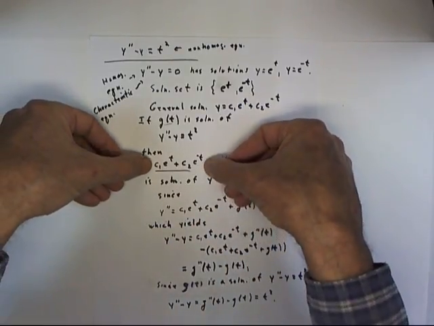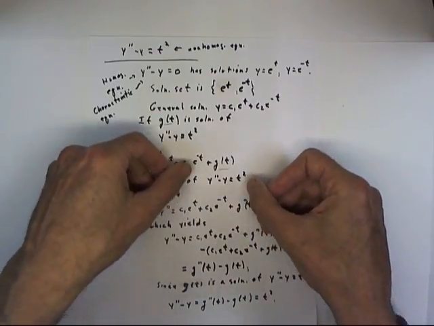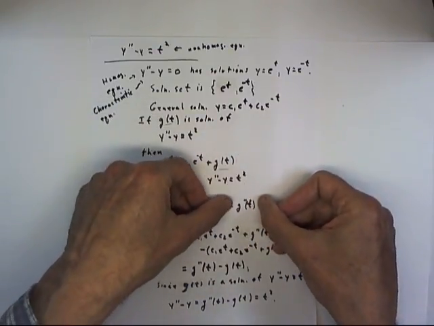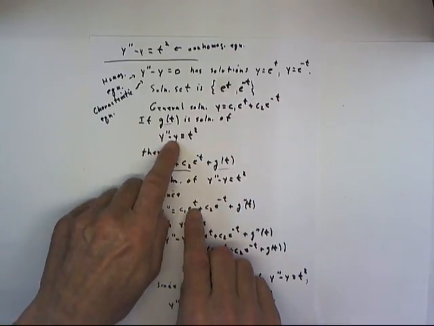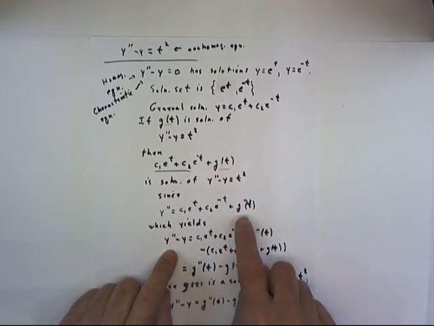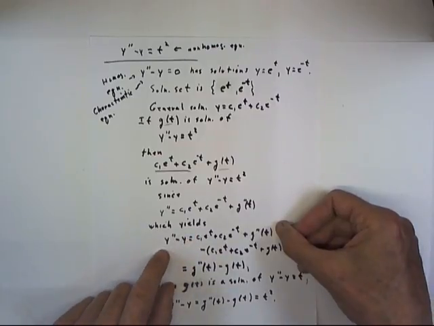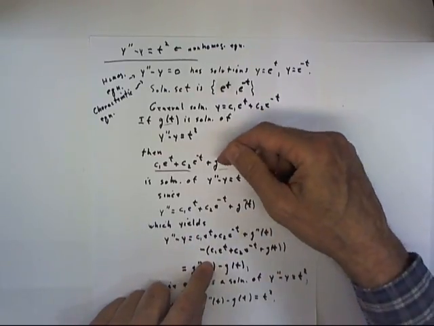The second derivative of g of t is just g double prime of t. Now if we plug that into the left-hand side, y double prime minus y is going to equal this plus this, minus all of this, which is your y function.